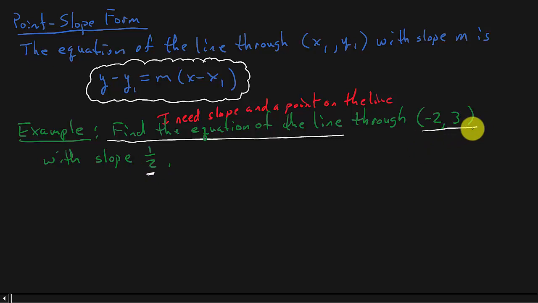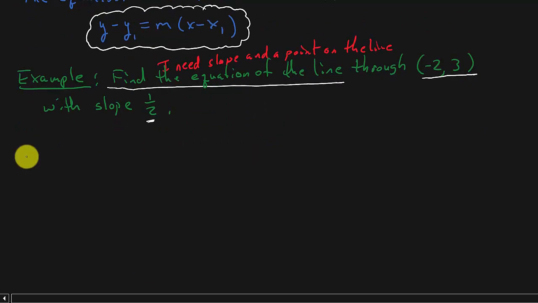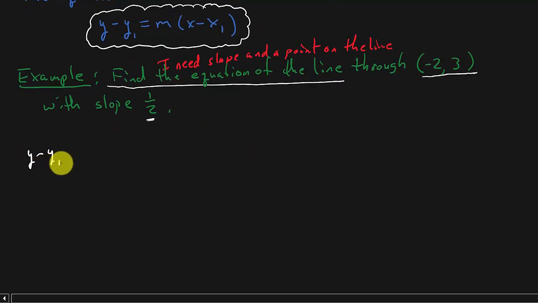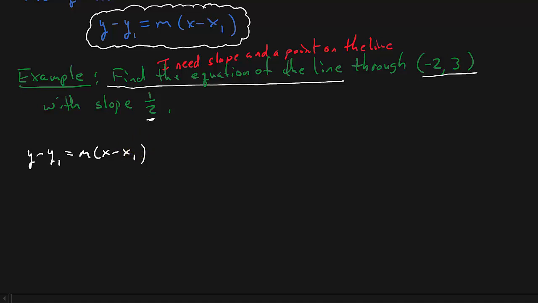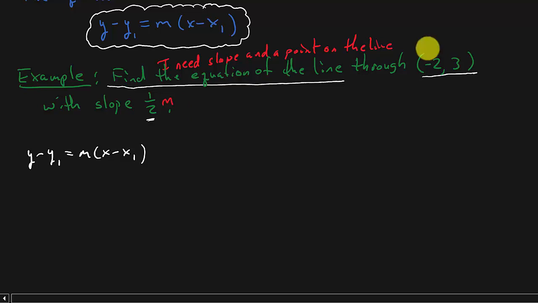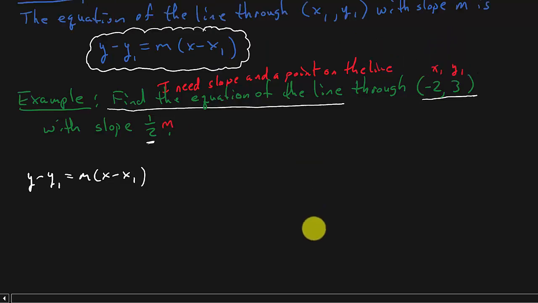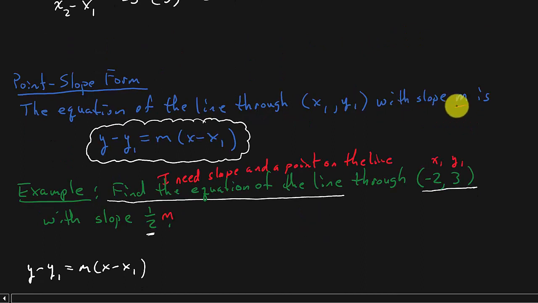So let's write our formula down. That's going to be y minus y1 equals m times (x minus x1). And here the 1/2, that's m. And then I have (x1, y1) for my point. See? Passing through (x1, y1) with slope m.